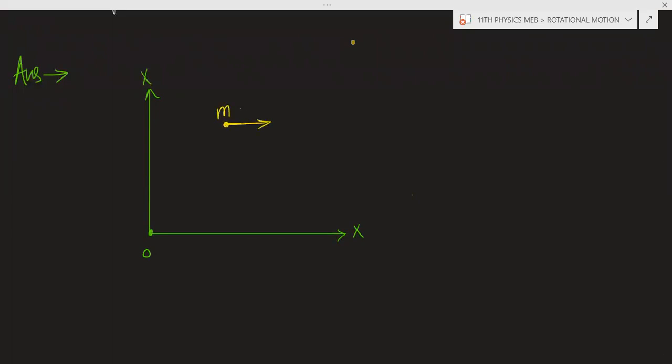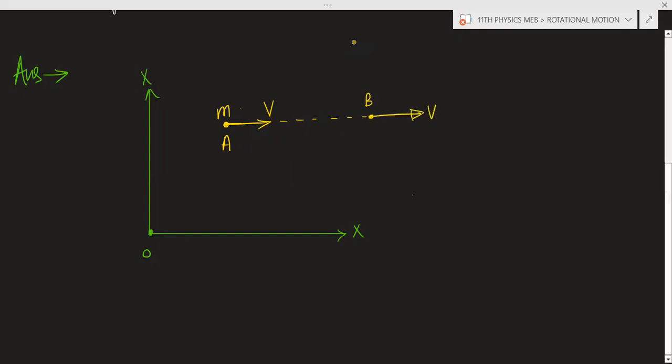Suppose the particle is moving like this, with mass m and velocity v. Initially it is at point A, and after that it keeps moving, and finally it is at point B, moving with velocity v again.